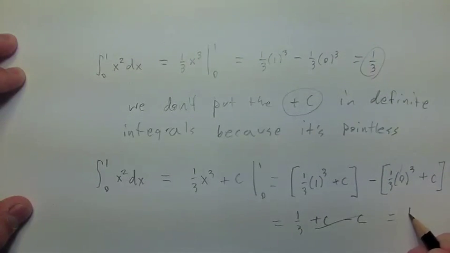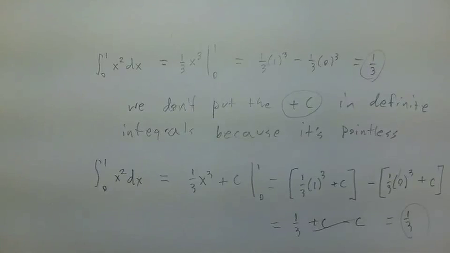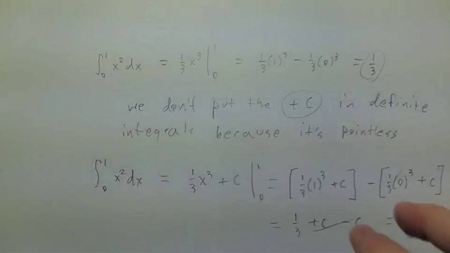The c's cancel, and I get 1/3. That's going to happen no matter which constant you pick. If you did plus 10, you'd get the same thing. So it's going to cancel every single time, right? So there's no need.